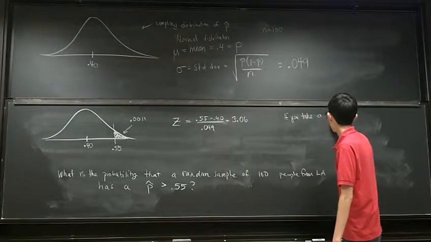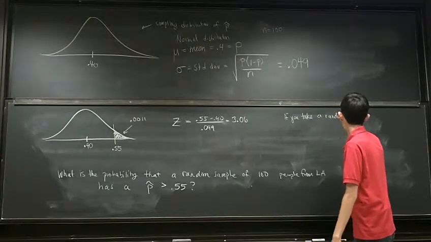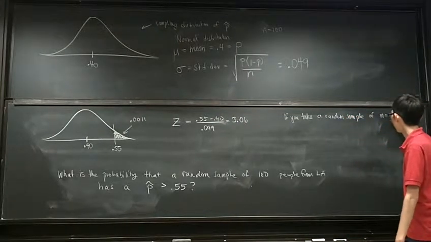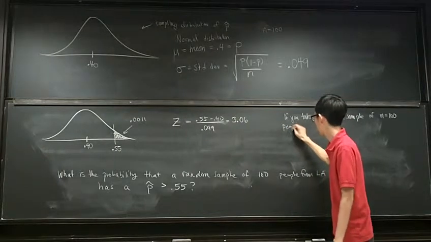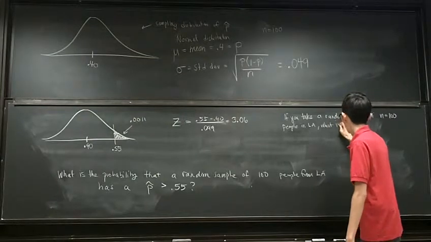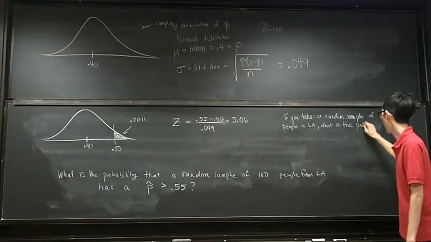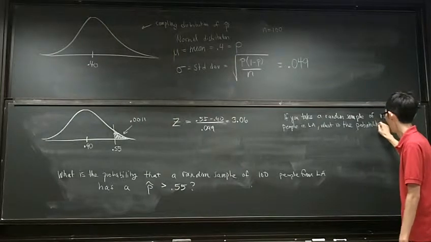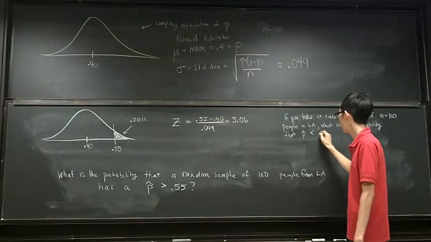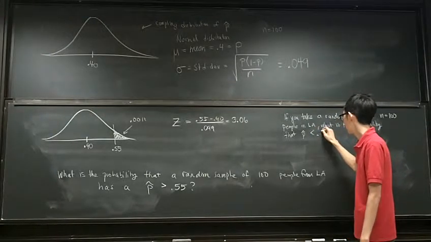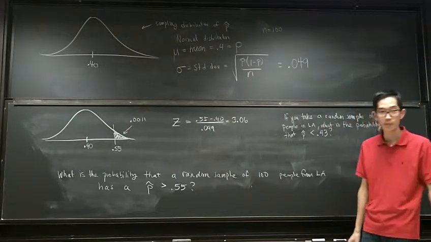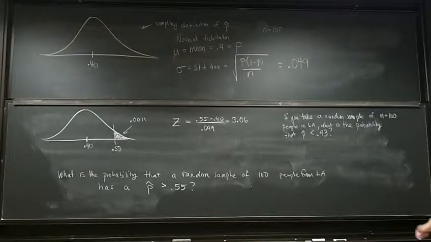If you take a random sample of n equals 100 people in LA, what is the probability that p-hat is less than 43%, 0.43? See if you guys can answer that.